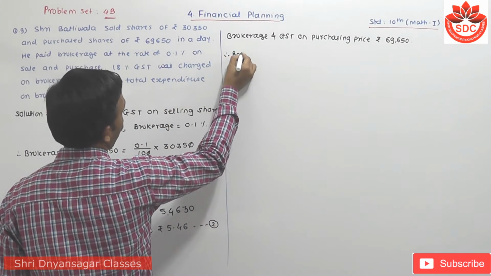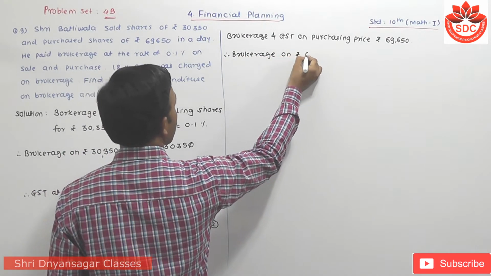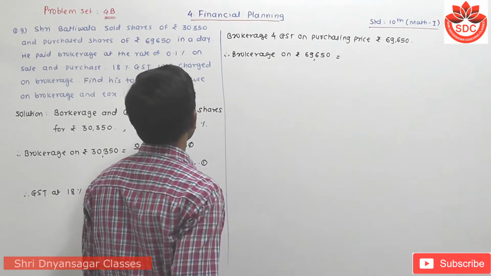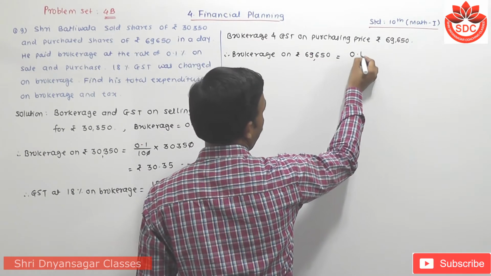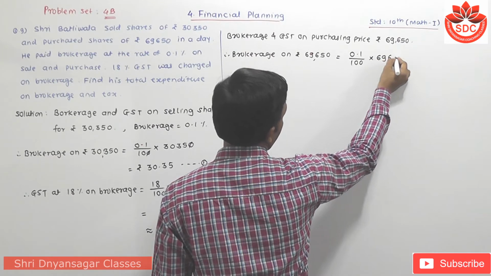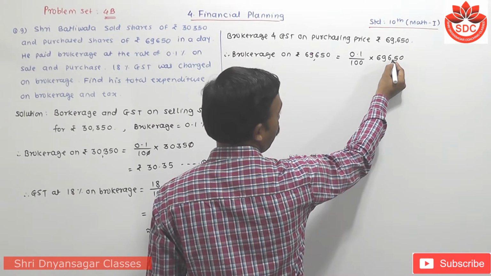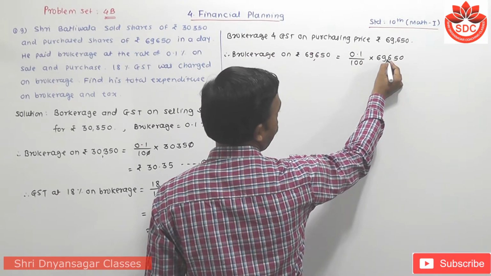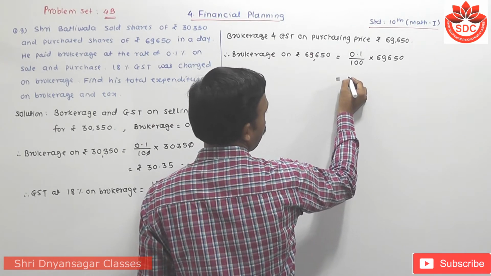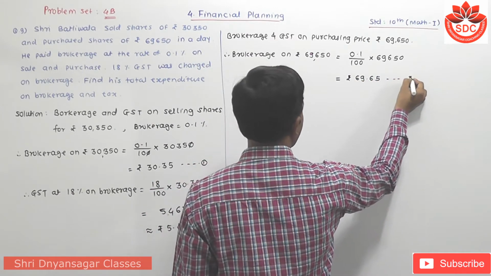Therefore, brokerage on rupees 69,650 is equal to, the brokerage is 0.1%, in that 0.1 upon 100 into this 69,650. When divided by 100, the decimal point comes here, and when multiplied by 0.1, it becomes 69.65. So I have to write here rupees 69.65. Let this be equation number 3.